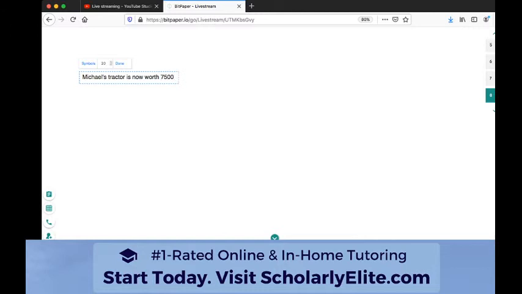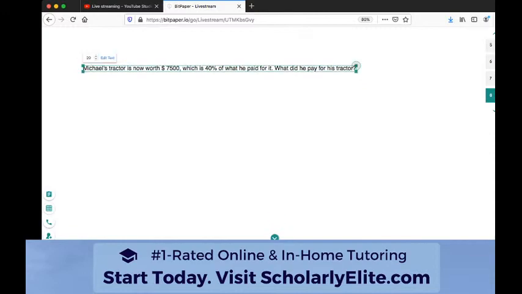Should put that dollar sign in the front there. Which is 40% of what he paid for it. What did he pay for his tractor?